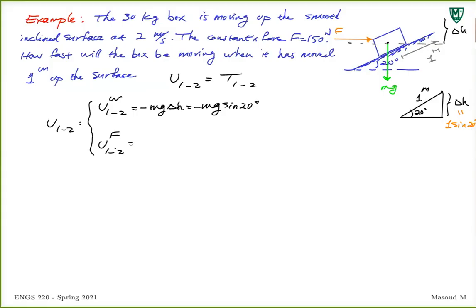Now, work done by force. This is the other note I was mentioning. Now we have a force, and we know dr. This is dr. The component of the force that is perpendicular to the displacement does not do work, does not produce work.